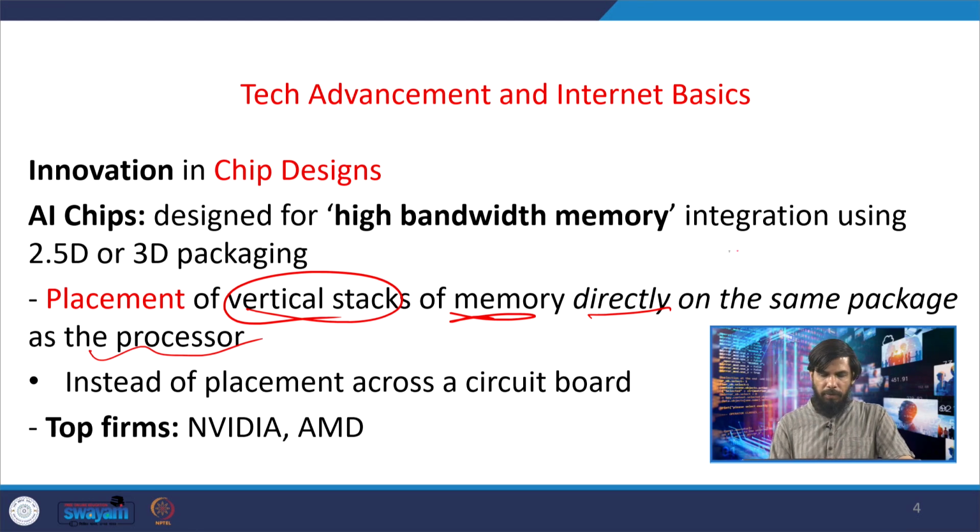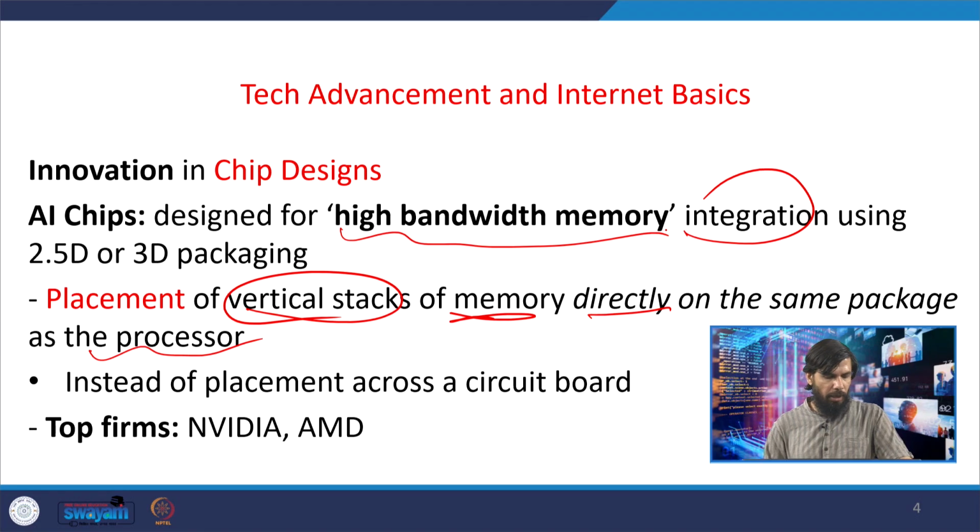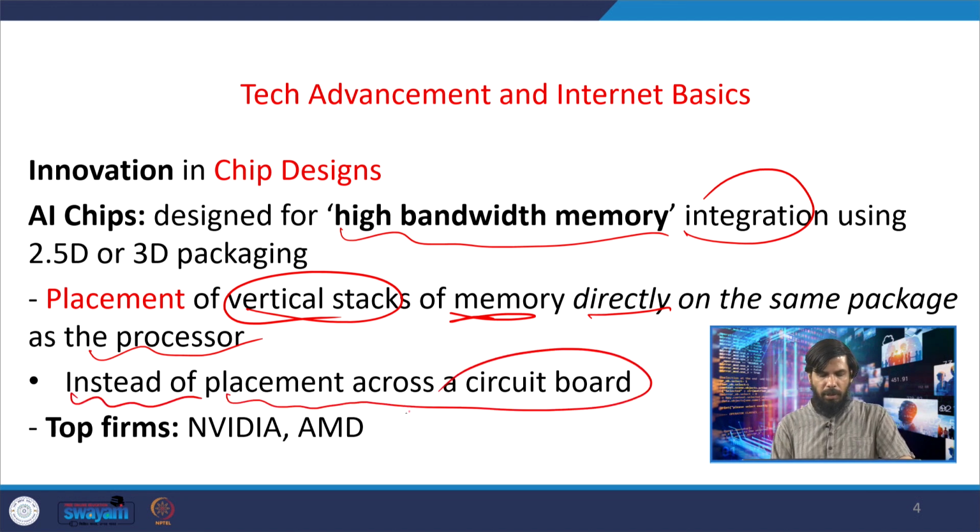So, this is a slightly different placement. We get high bandwidth memory integration because, just like that, on top of the processor we are placing the memory. This is a move away from placement across a circuit board. Traditional placement was across a circuit board: processor, memory and IO.